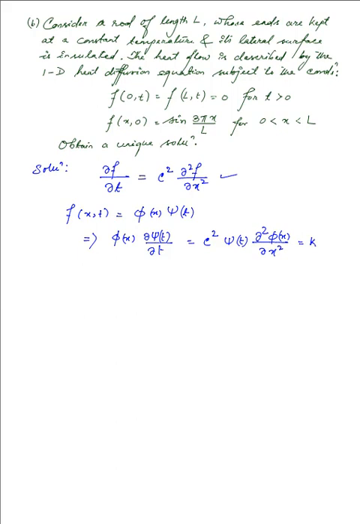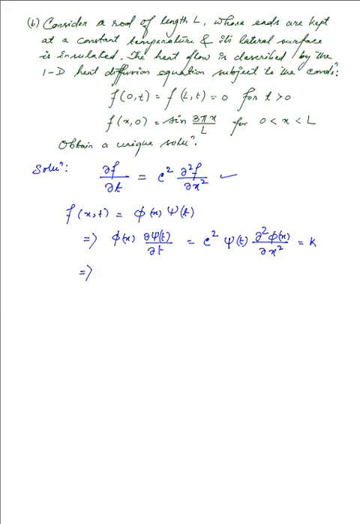Again, that is equated to k, some constant. We divide this entire equation by f, that is phi x and psi t. So what we end up with is, because the variables have been successfully separated, we can take the total derivative instead of the partial one.